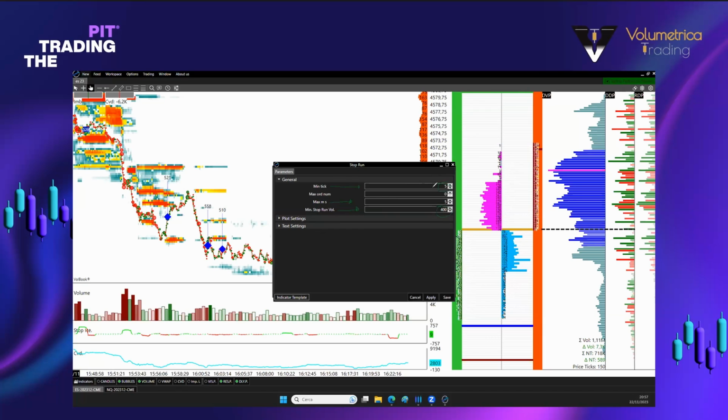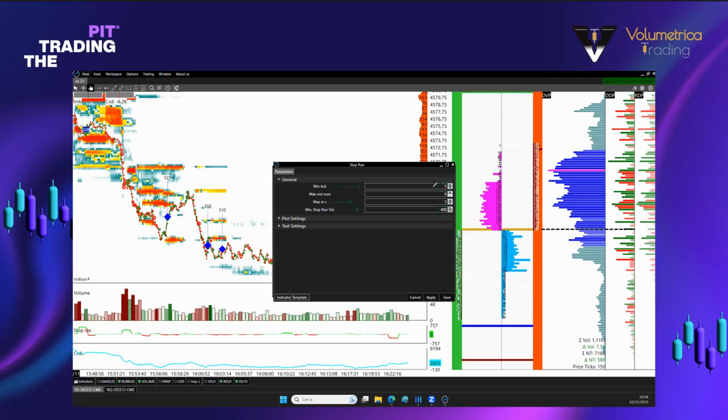In the absorption, I need the market not to move more than a number of ticks. In the stop run, I need the market to move for at least an amount of ticks. In this case, for the S&P 500, those are my settings. Because normally, even if we have stop runs, that's not a volatile market.